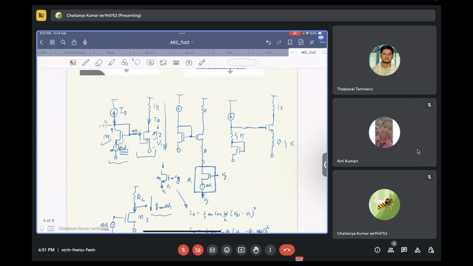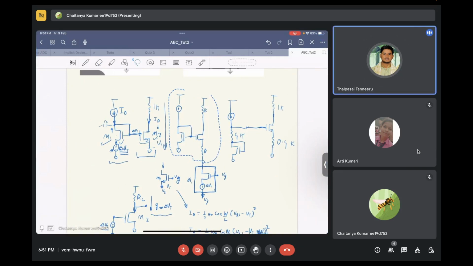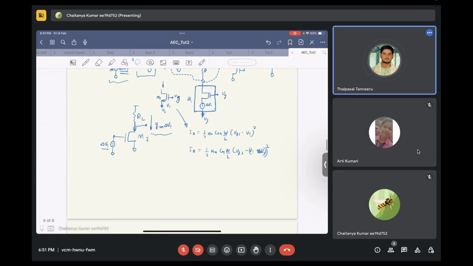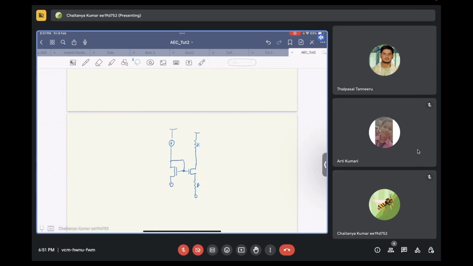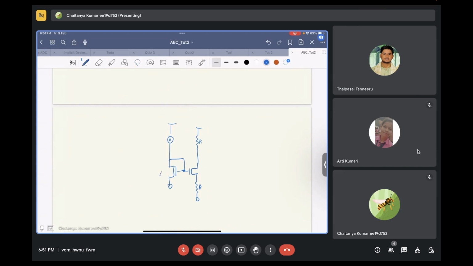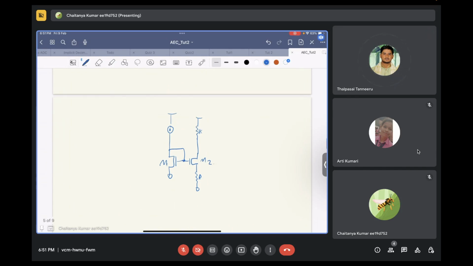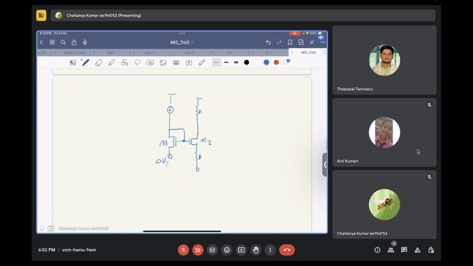Now let's say there is a mismatch in the second circuit. Let's draw a fresh one over here. This is transistor M1, this is transistor M2. Now let's say there is a mismatch in this transistor, a mismatch of delta VT.